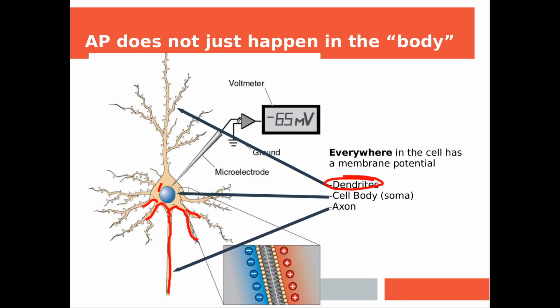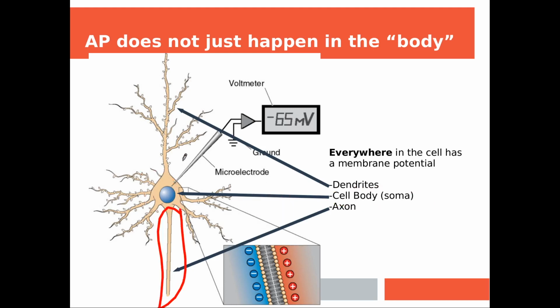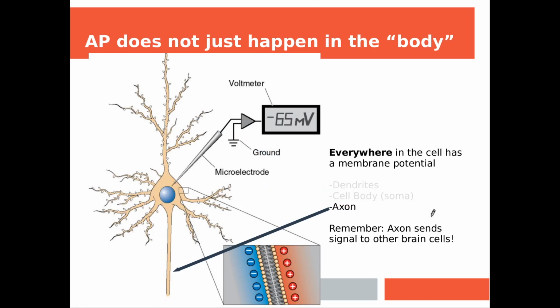In the dendrites, in the soma, the cell body, and also in the axon. It has a resting potential, and it can have action potentials. And axons are what send signals to other brain areas. And we want that to happen fast.